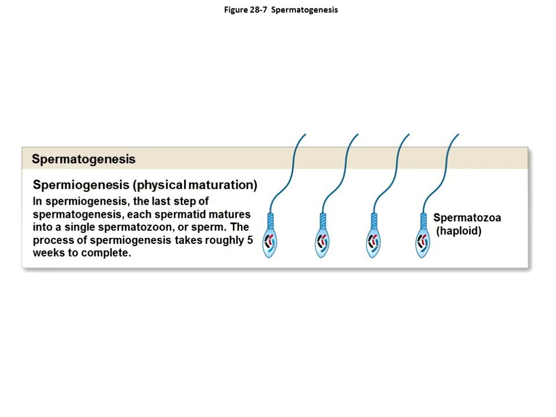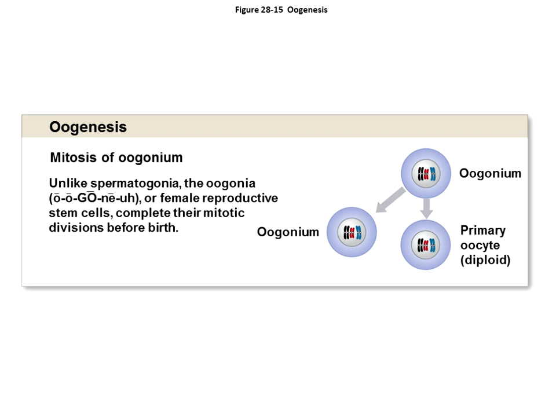So spermiogenesis, as we said before, is just the physical maturation of the sperm itself. In the last step of spermatogenesis, a spermatid gives a single spermatozoa, or sperm. It takes about 5 weeks for this to take place, but the important thing to note is that there are 23 chromosomes in each one of these sperm, and those 23 chromosomes are going to be different from one another. So in theory, no 2 sperm should be alike.